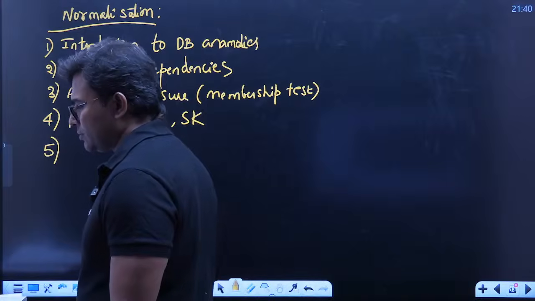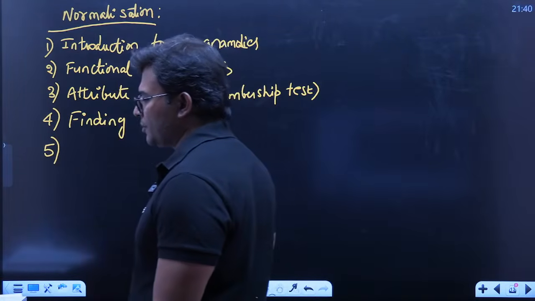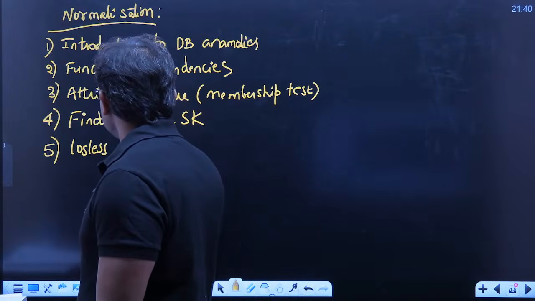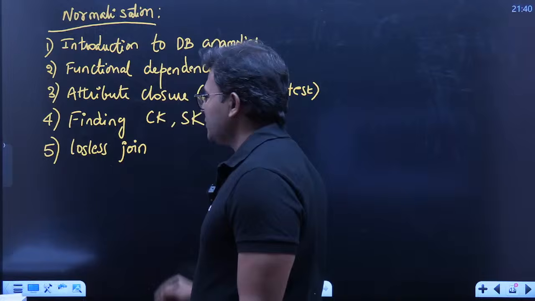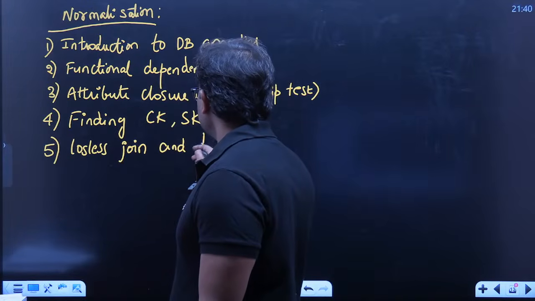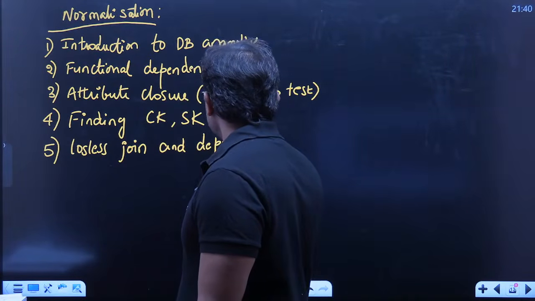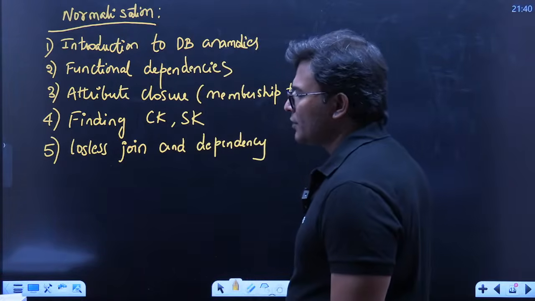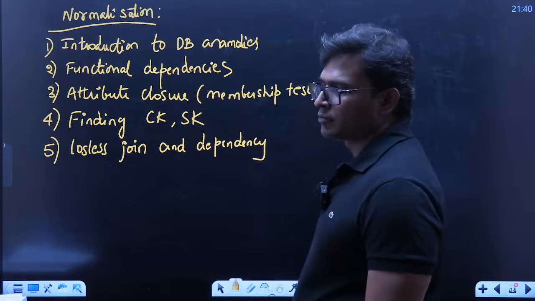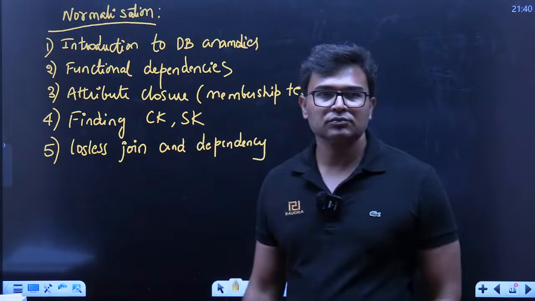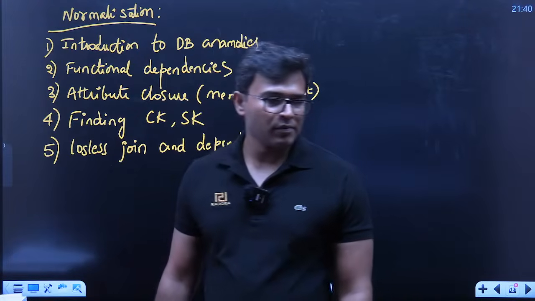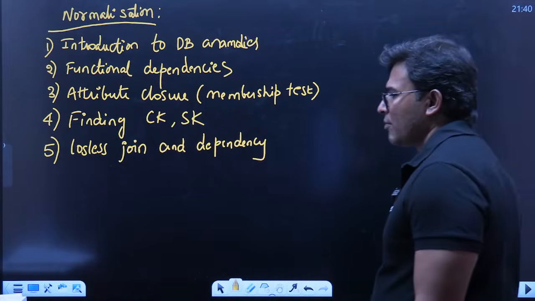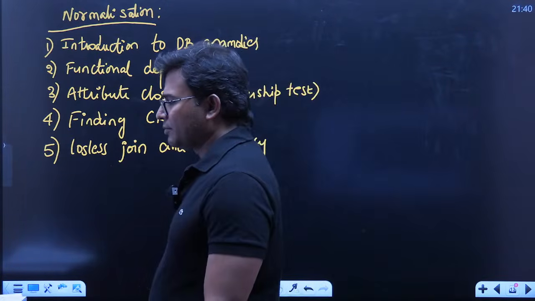And 5 is lossless join and dependency preserving decomposition.